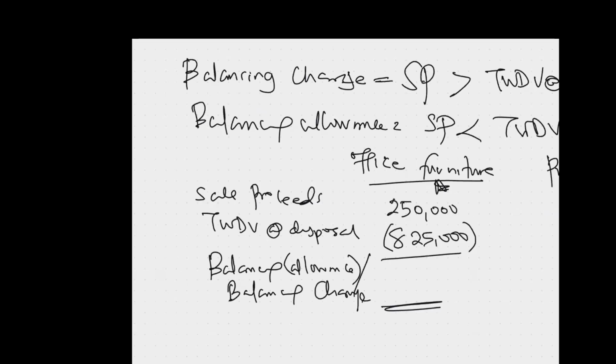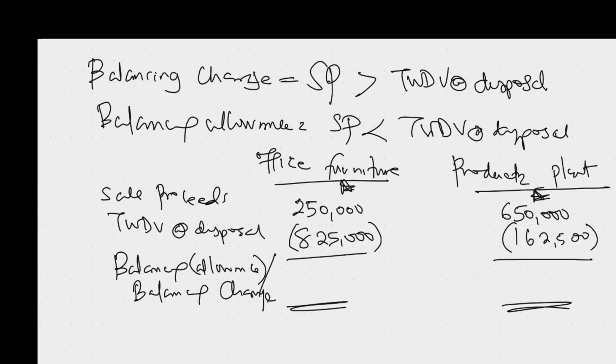The first one is 575, balancing allowance for that one. The next one is 487,500. That one is balancing charge.